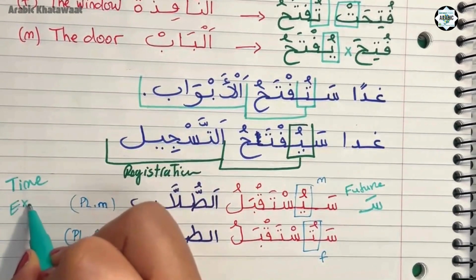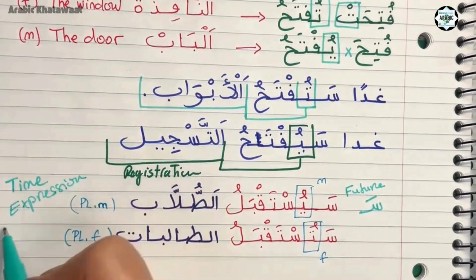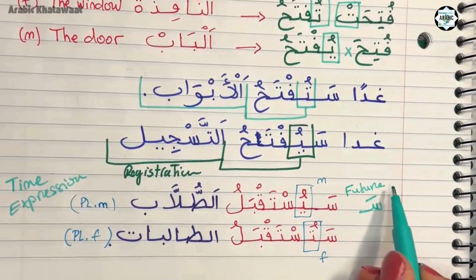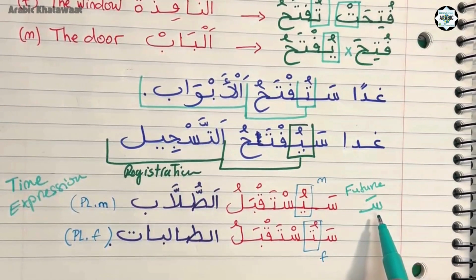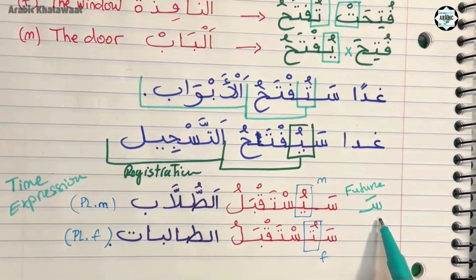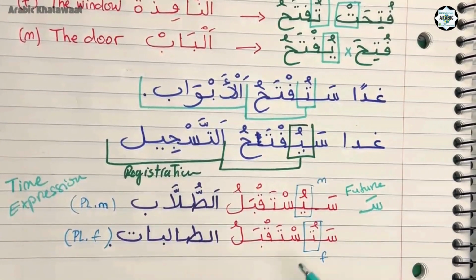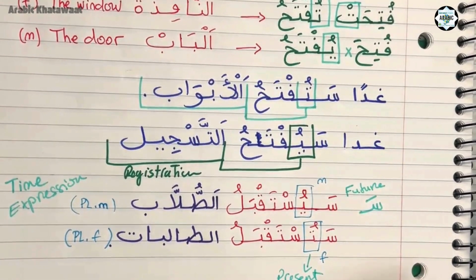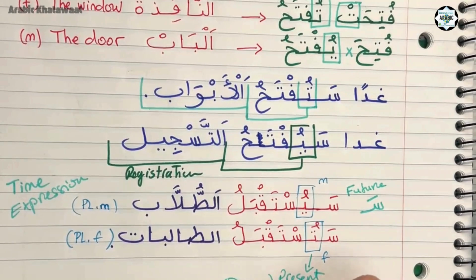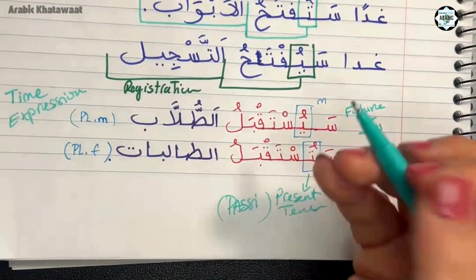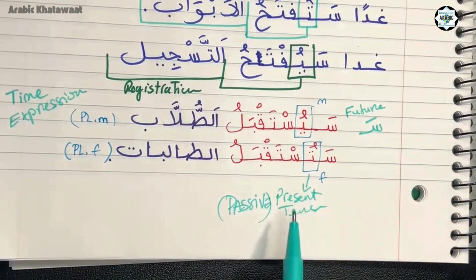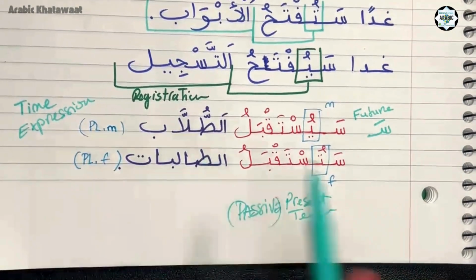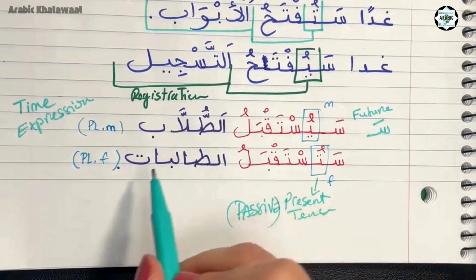So time expressions here would help me indicate when are the students received, or when will the students be received. If I have decided to talk about a context in the future tense, then all I have to do is add sa. If I have decided to speak about the present tense, I'm talking about passive again. Here, if I'm talking about the passive form in the present tense, all I have to do is indicate the masculine and the feminine.